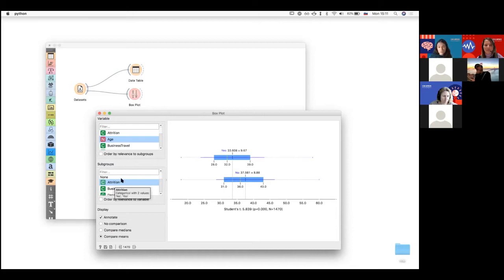So you can call it an attribute, a feature, a variable. So if I'm using different words for this, don't be confused. It's the same thing. So we have split this by attrition. So at the top, we have people that left the company. Attrition is yes. And at the bottom, we have people that stayed. Attrition is no. And this shows us age values for these two subgroups. And we see that people who left the company are slightly younger than people who stayed. So this is a first hint at what the situation might be.